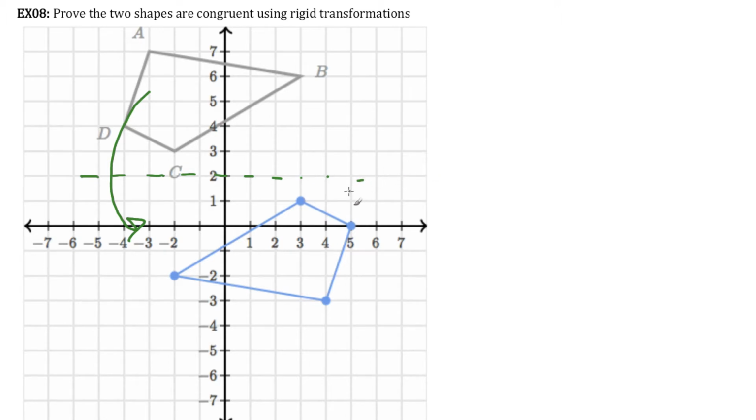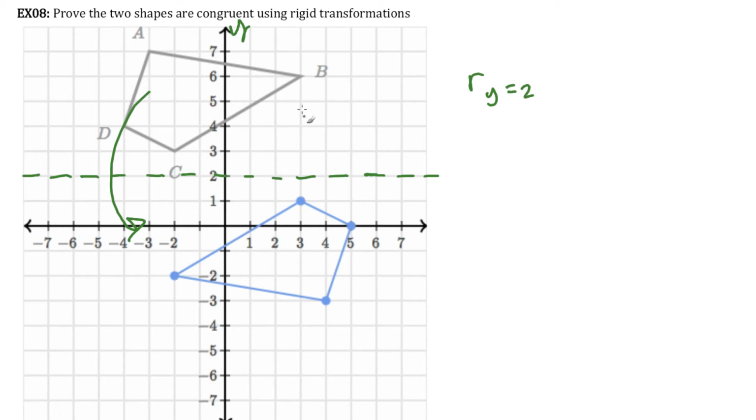I'm going to flip this over this line right here. I can do a tiny bit better. So I'm going to reflect it over, that's the y-axis, so y equals 2.